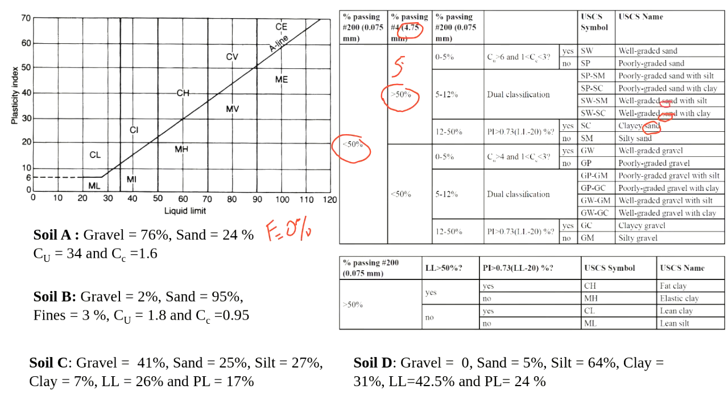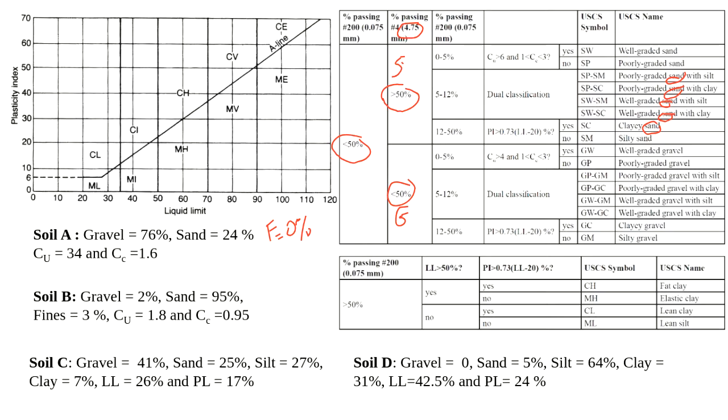If you have less than 50% of this coarse grain material that passes through the 4.75 sieve, in this case we're going to have gravel, right? So we see that we have more gravel, which means that less than 50% pass through this boundary.